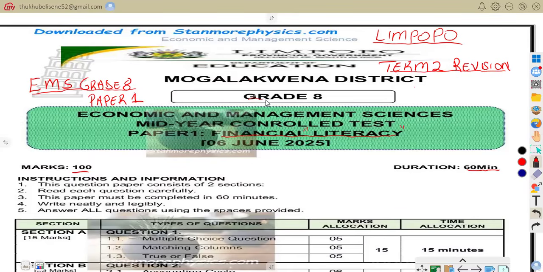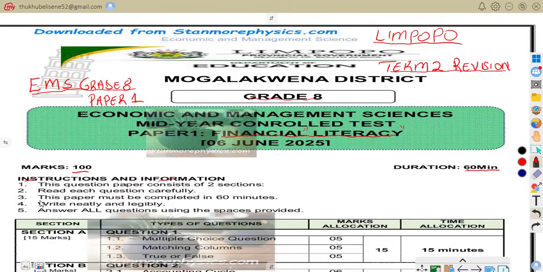It is a grade 8. The total marks of this paper is 100 marks. We are to spend 1 hour, 60 minutes to finish this paper. Let us be on instructions and information.